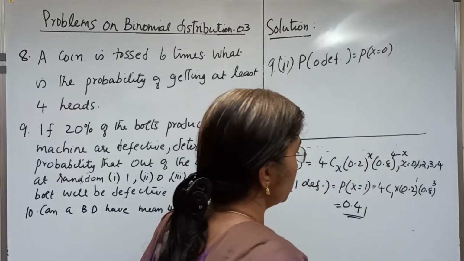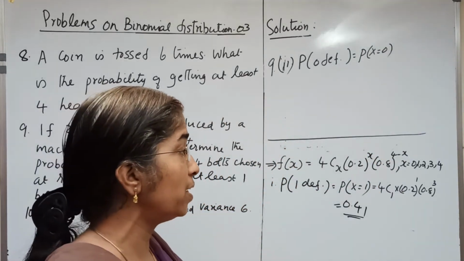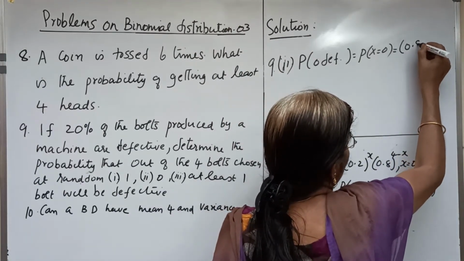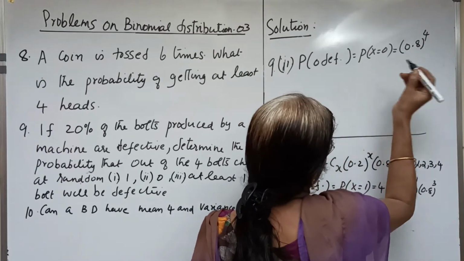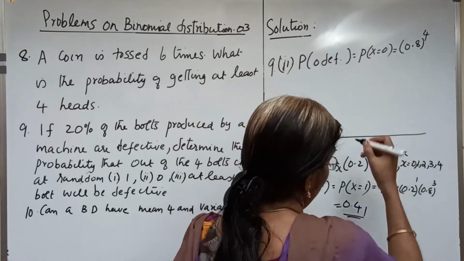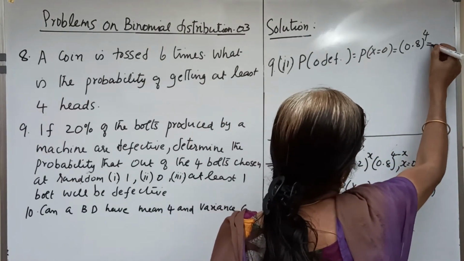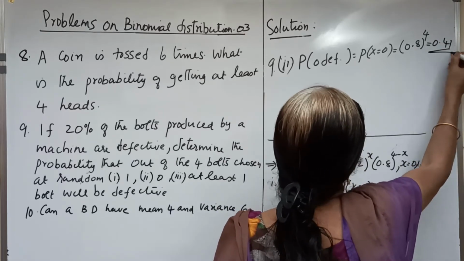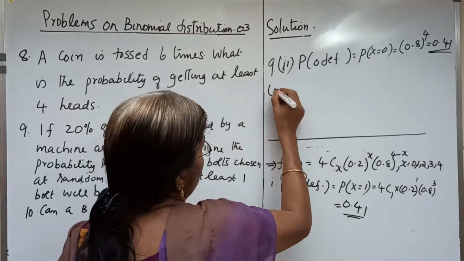Probability x equal to 0, we know it as q raised to n. So equal to 0.8 raised to 4, and on simplification we get 0.41.